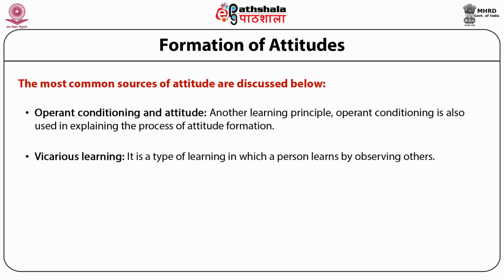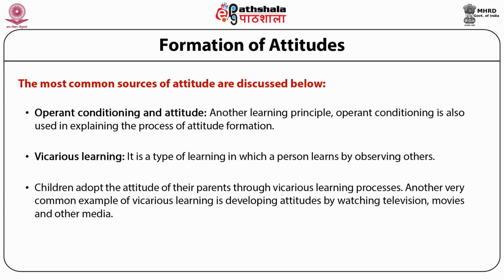In such cases, an individual can develop his attitude towards the object by observing others. Generally, children adopt the attitude of their parents through vicarious learning processes. Another very common example of vicarious learning is developing attitudes by watching television, movies, and other media sources.